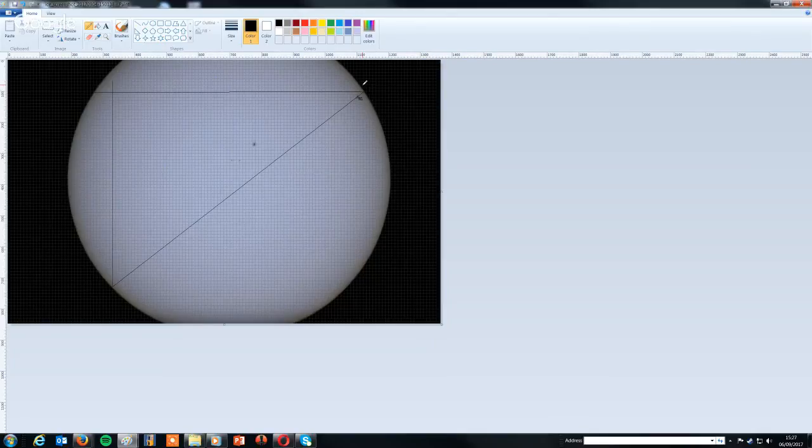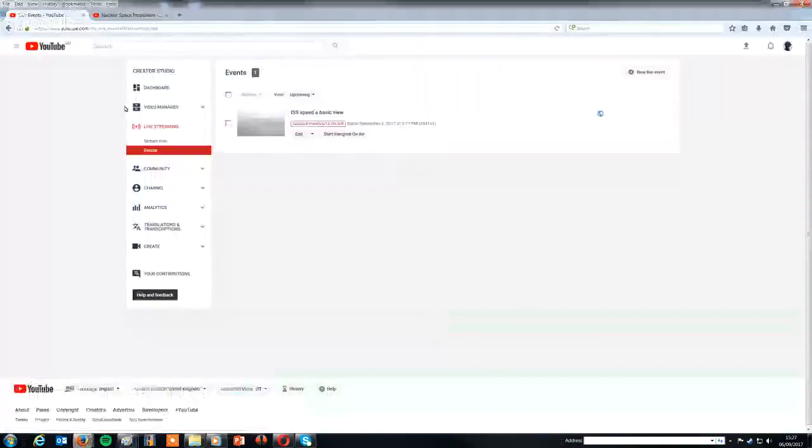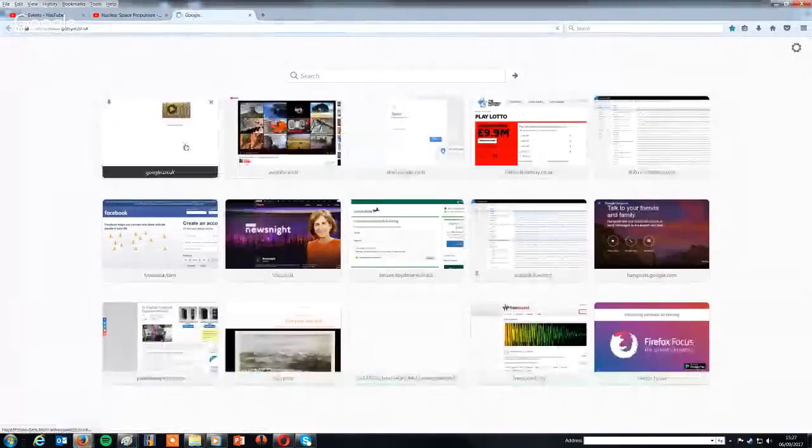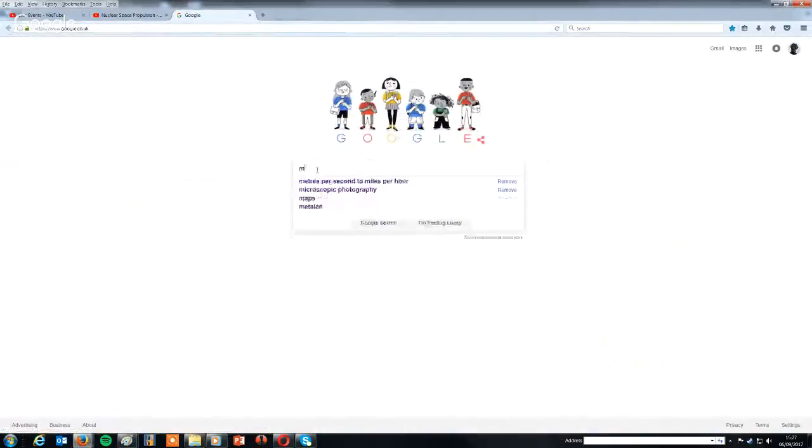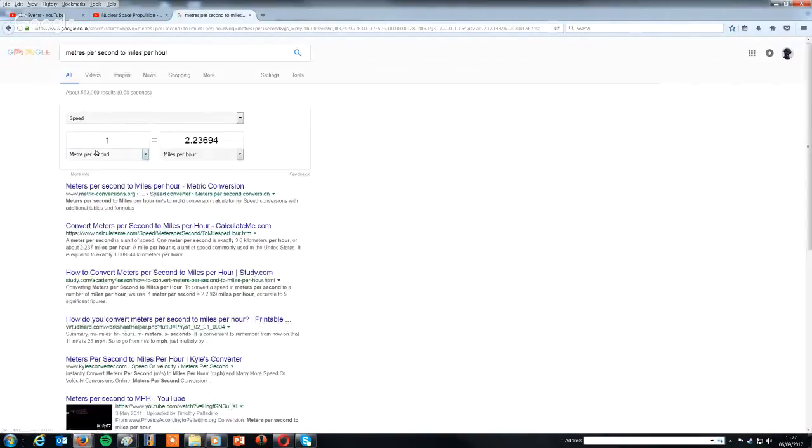If you work that out on Google, meters per second to miles per hour, I said it was roughly 7,500 meters per second. That's nearly 16,777 miles an hour. Well, they say it's 17,500 miles an hour that the ISS is traveling.